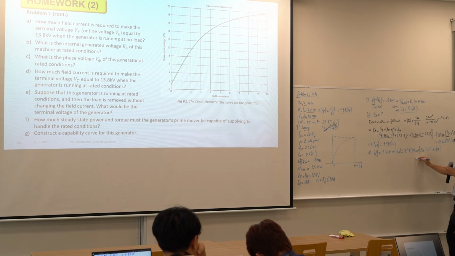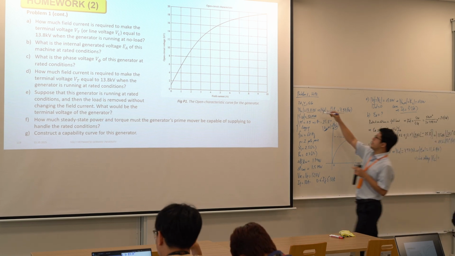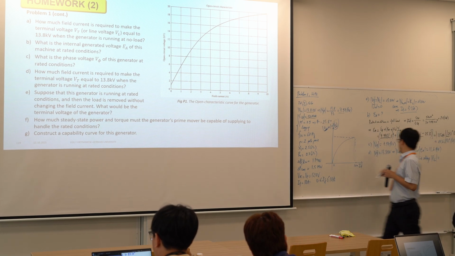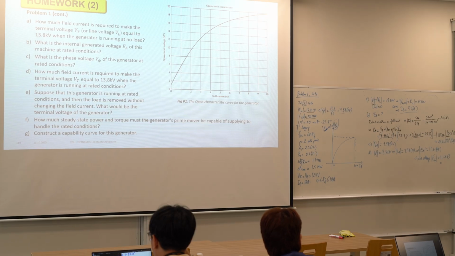So we need to calculate line voltage EL. Because we have Y connection, we need to take 11.6 times square root of 3. How many, please? 20.1 kV.